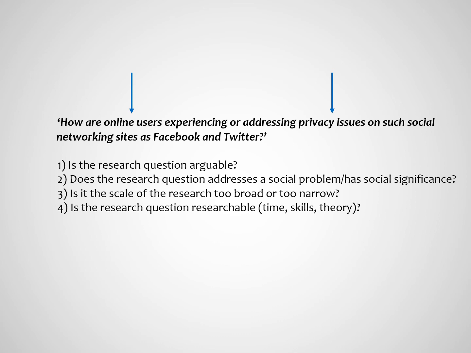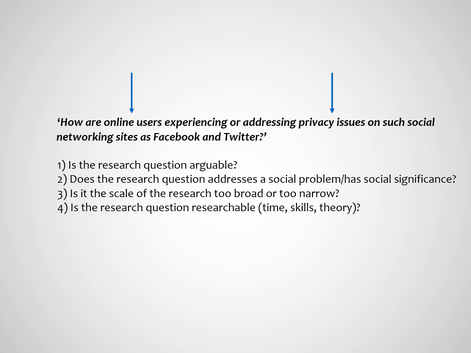Here, these 2 variables are, on the one hand, online users, and on the other hand, privacy issues. This is what bothers us, if you like, in this research question, in this social problem that we are addressing. The privacy issues of online users.